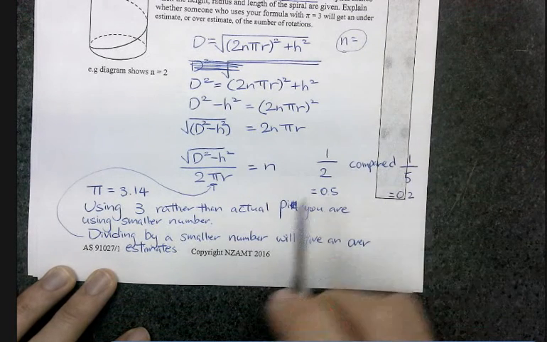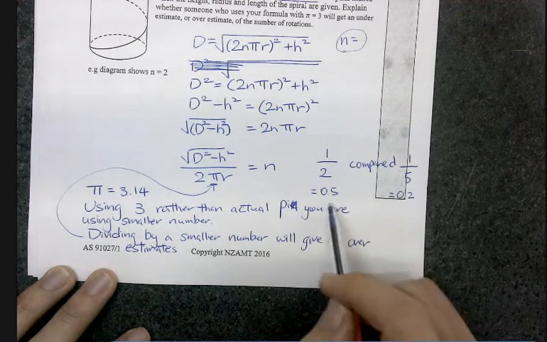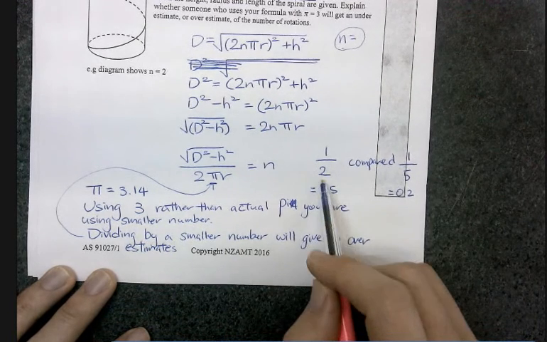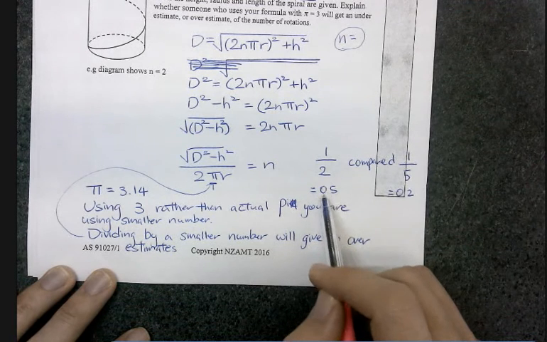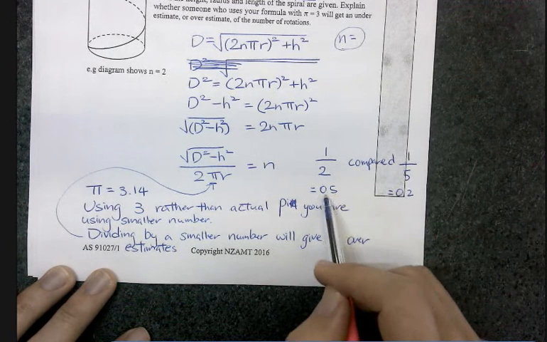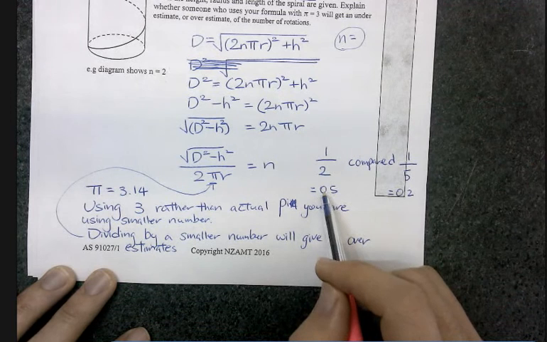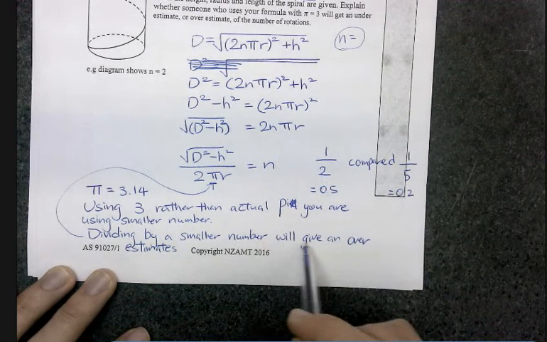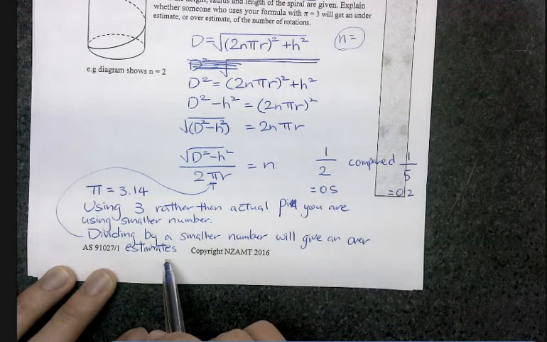And if you compare these two, you would know that you're giving a smaller number, which 2 is a smaller number, it will give you a bigger number as a fraction of n. So you would know by dividing a smaller number that will give you an overestimate, because that's what you would get.